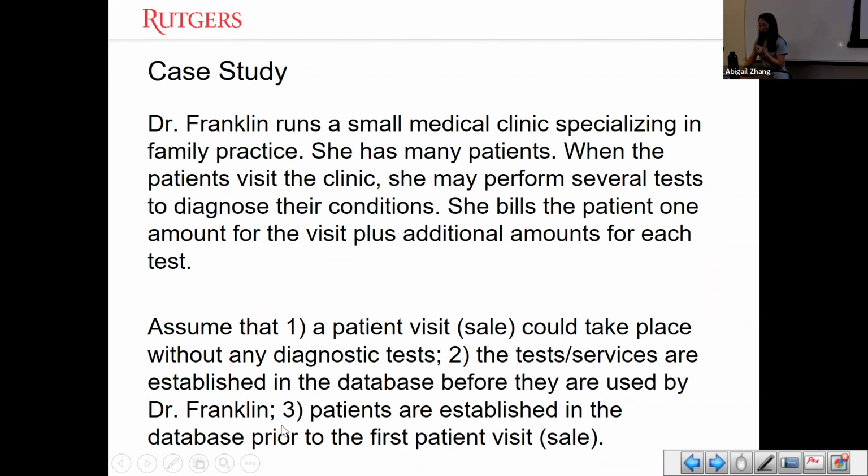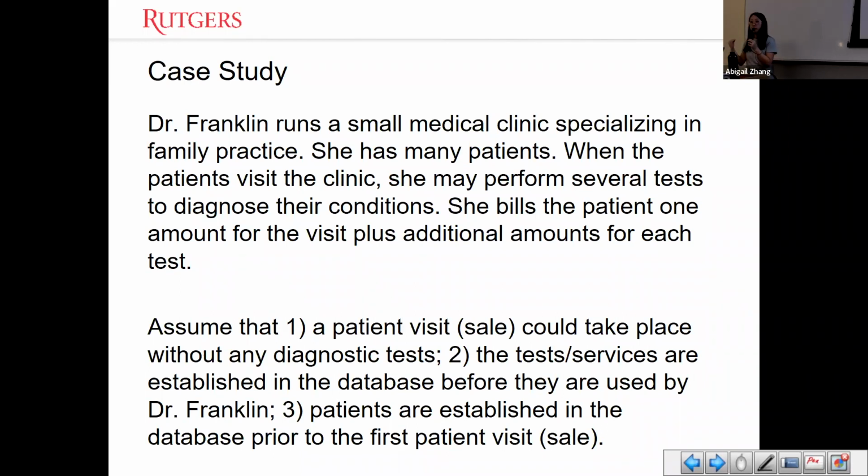Number 3, patients are established in the database prior to the first patient visit. So just think about how you make a doctor's appointment in real life, right? Let's say I look online at their appointment portal. I put my information in via the portal, right? My name, my date of birth, my insurance.